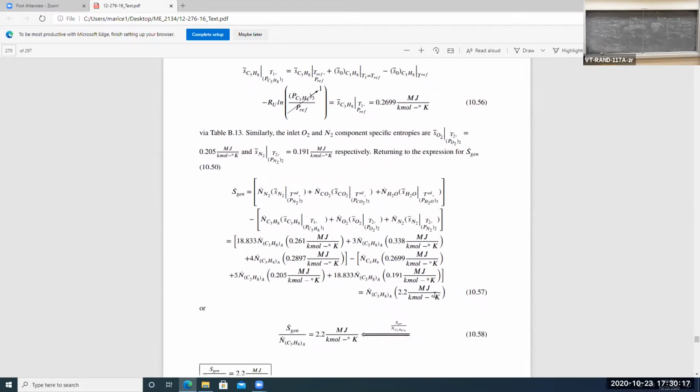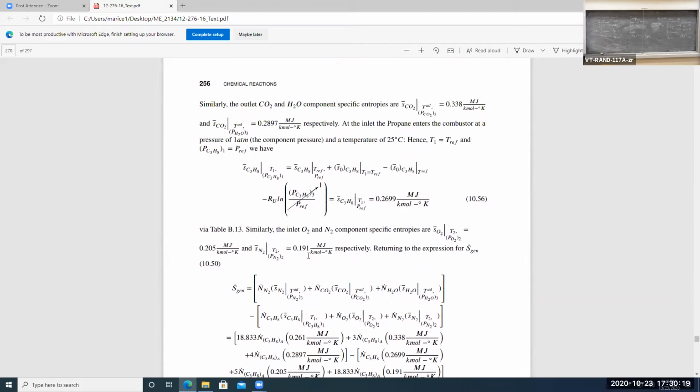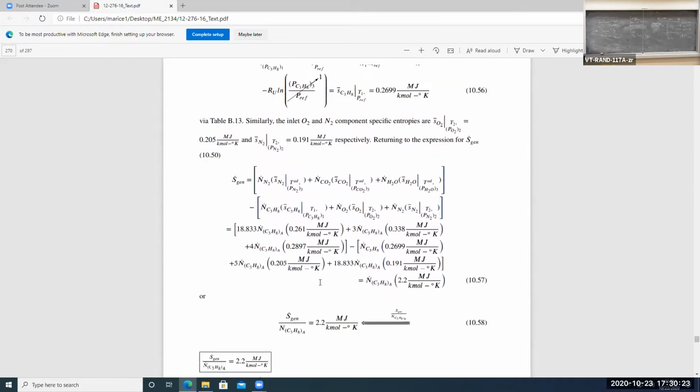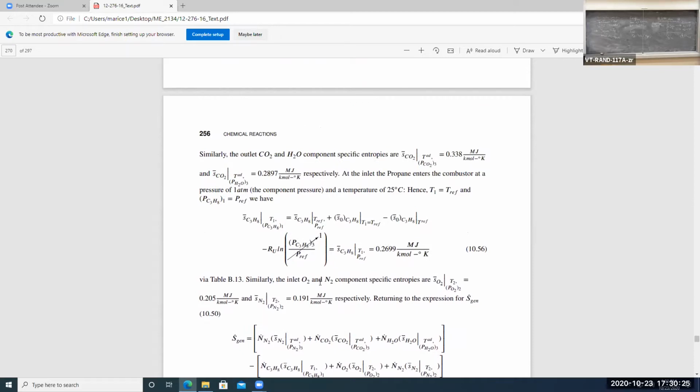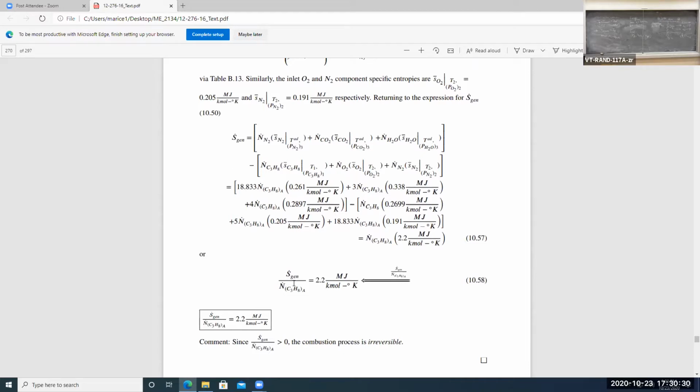A similar thing is done with the remaining CO2 and H2O. You plug in and you get S dot gen, in per unit mole flow of the propane, equal to 2.2 megajoules per kilomole degree Kelvin of propane mole flow.